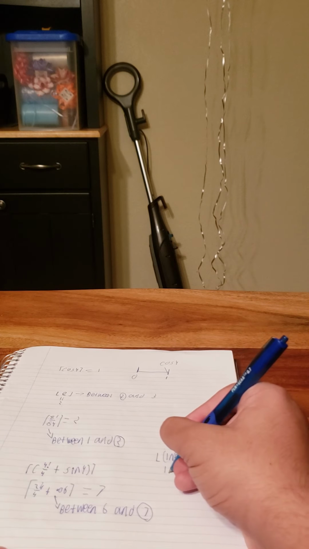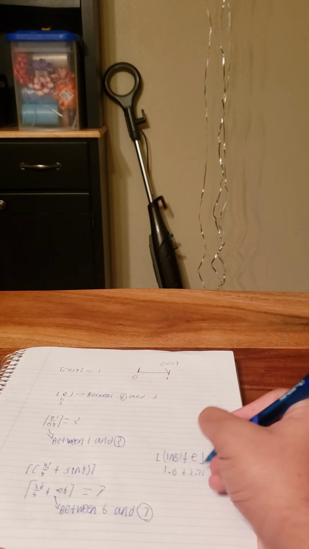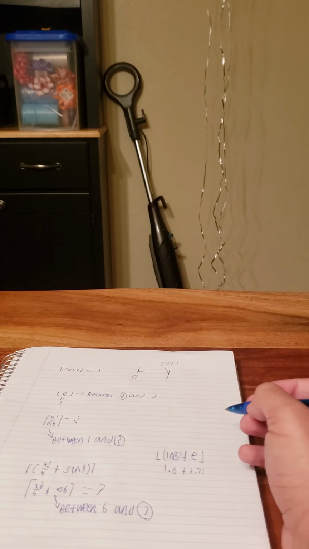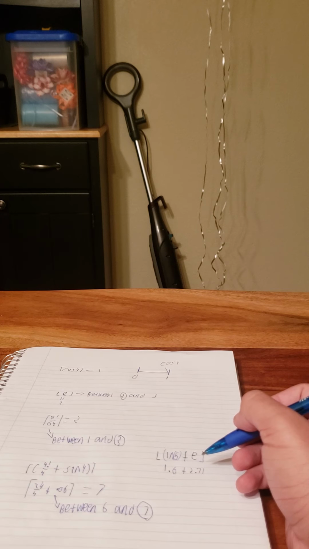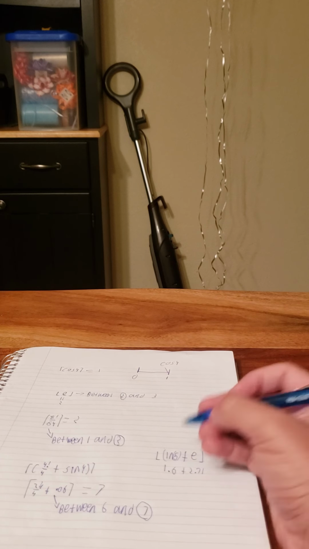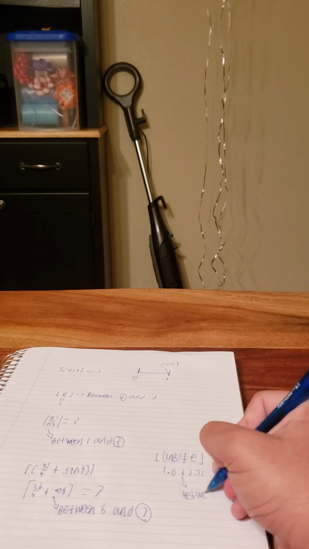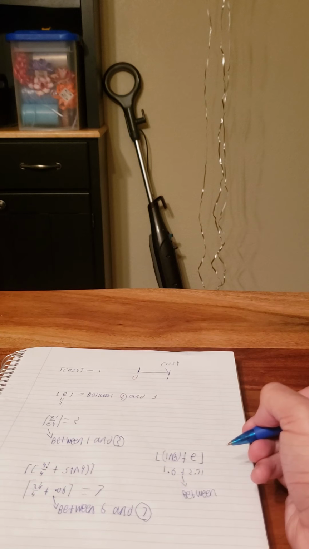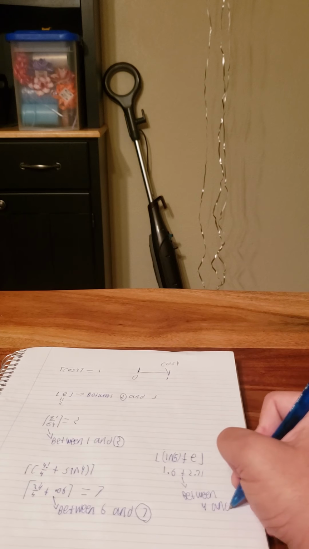So simplify this to be 1.6 plus about 2.71, since e is like pi where it's irrational. These two will wind up being some number between 4 and 5.